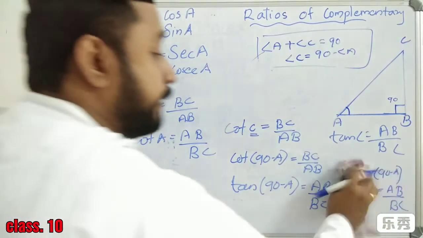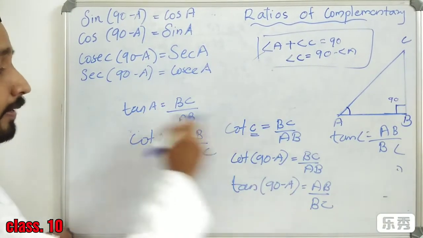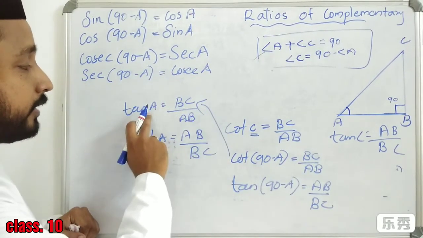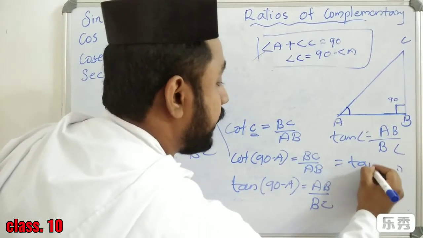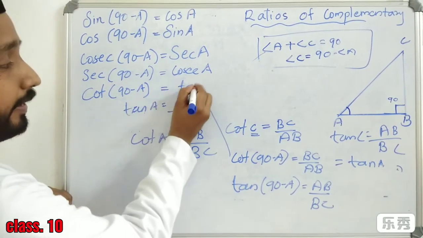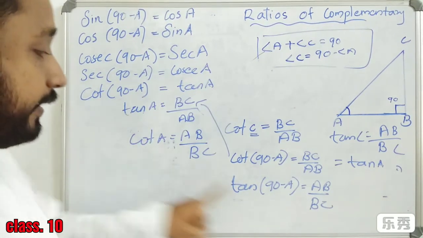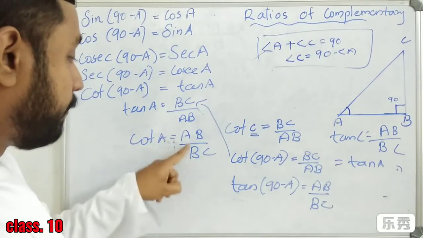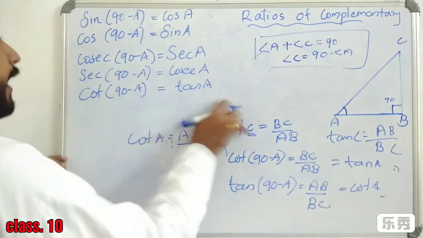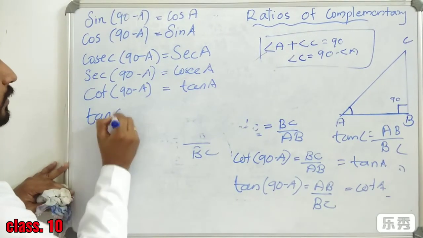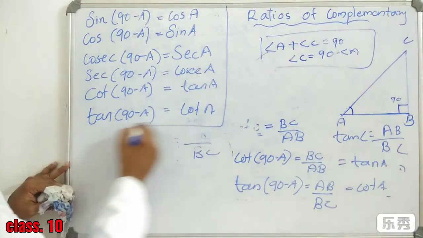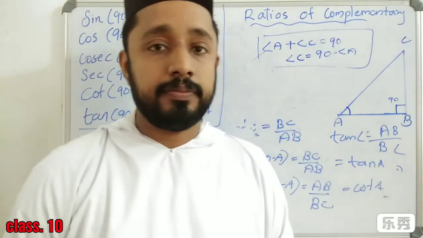Look here, cot 90 minus A is BC by AB, and here also BC by AB, that is equal to tan A. So we got another formula, cot 90 minus A is equal to tan A. Then tan 90 minus A, AB by BC, is equal to cot A. So these are the trigonometric ratios of complementary angles.